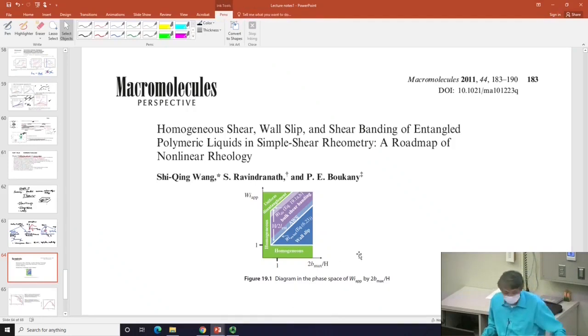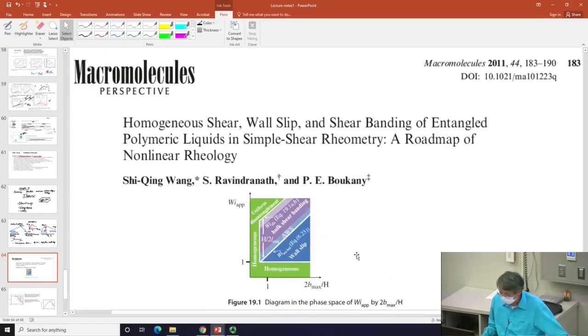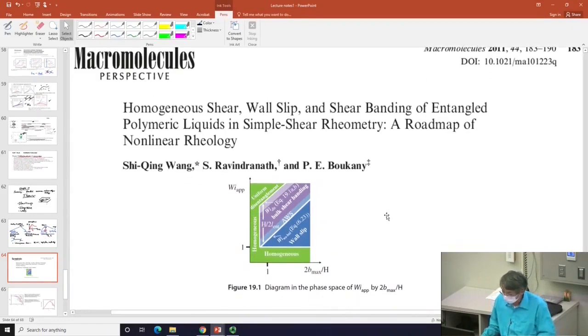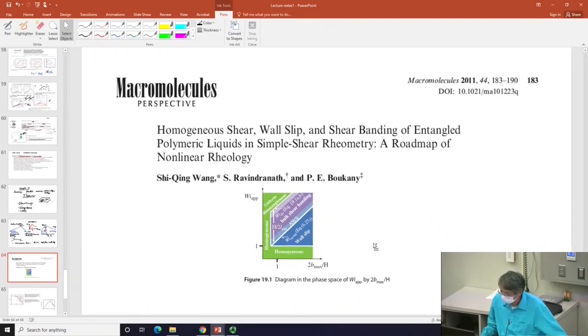But anyone who would need to know more can go to this paper to see what happens there. But basically, there is like a phase diagram that shows, depending on the rate you applied and depending on the intrinsic nature of your material, whether your B over H is large or not, you can anticipate what region will be homogeneous, what region will be wall slip dominated.